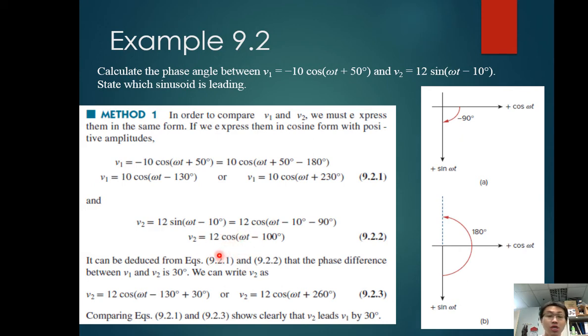Then I need to make sure this is comparable with V1. So I copy 12, cosine, omega t, but I want to make it negative 130. So I copy negative 130 and add back 30 degrees to get negative 100 degrees. Then we found that omega t minus 130 is the same, but V2 has an extra positive 30 degrees, which means V2 leads V1 by 30 degrees.